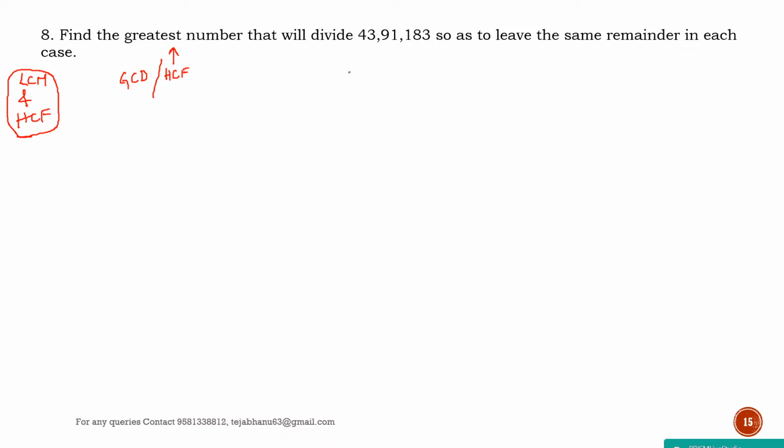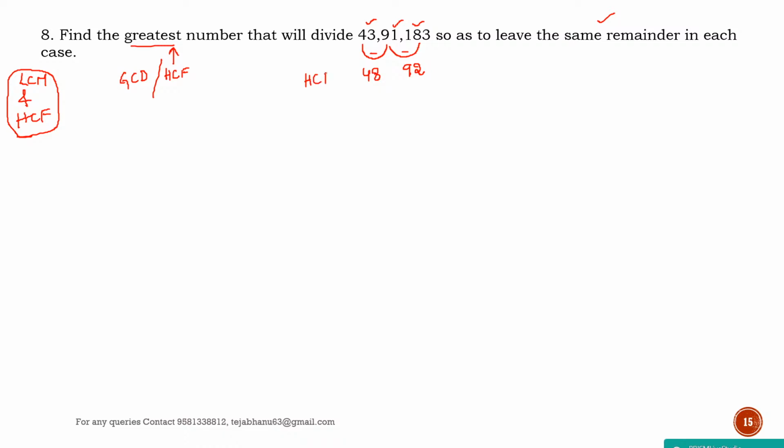Now, have a look. Find the greatest number. We have to find the HCF of 43, 91, 183, which will leave the same remainder in each case. That is what he asked. The simple shortcut we can use is to identify the differences. Between 43 and 91, the difference is 48, and between 91 and 183, the difference is 92.